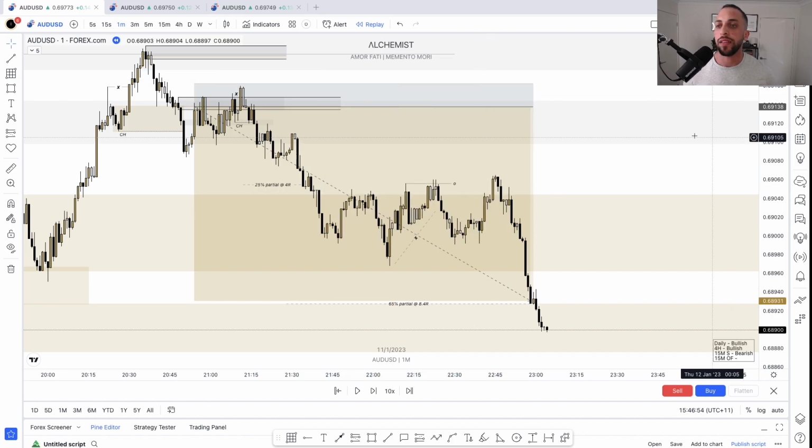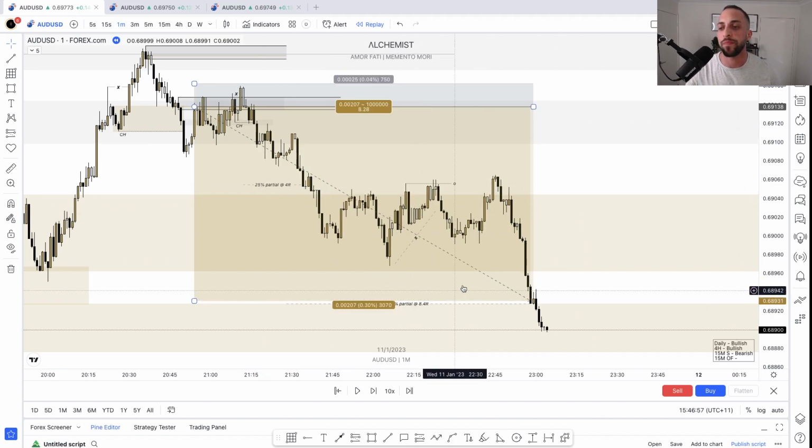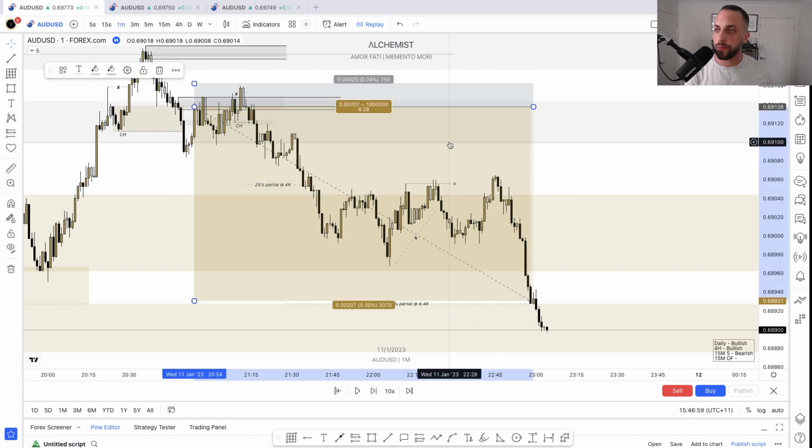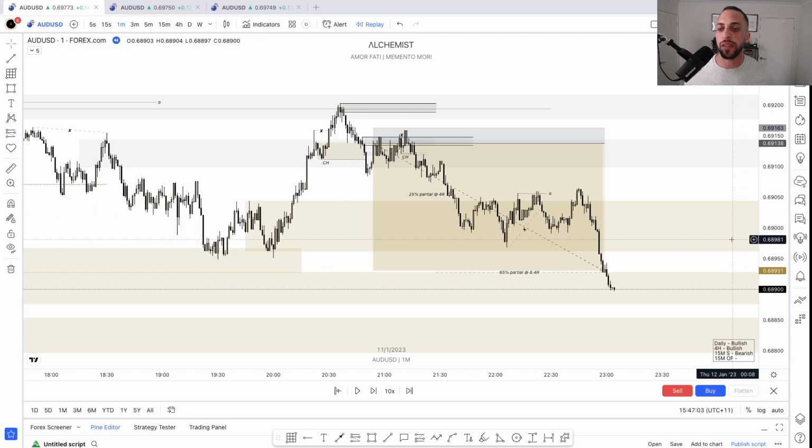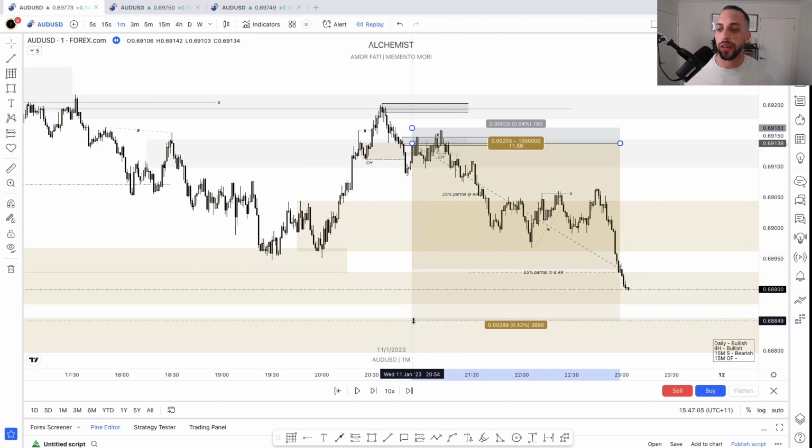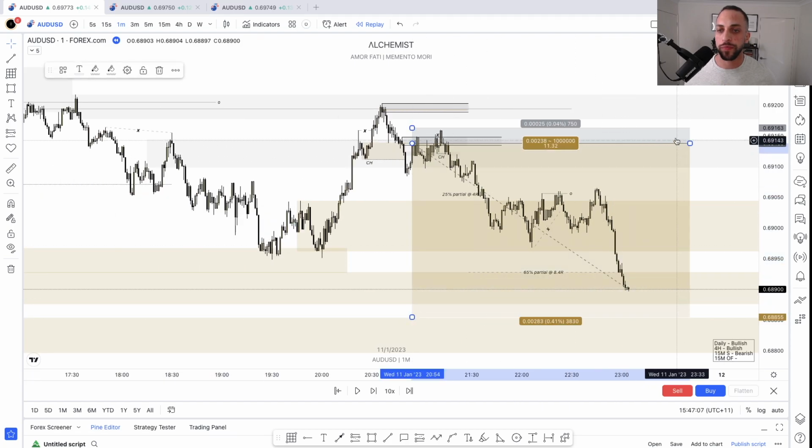Then the last 10%, so we got 25 there and 65 there, so that's 90. And then our last 10%, as mentioned, would be to the unmitigated demand below here.